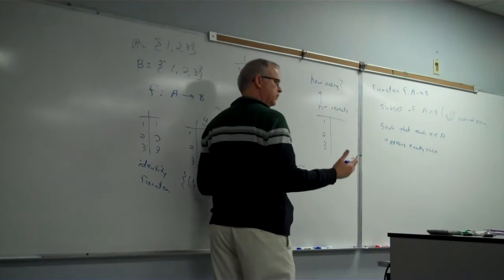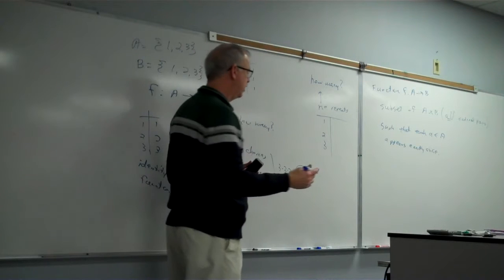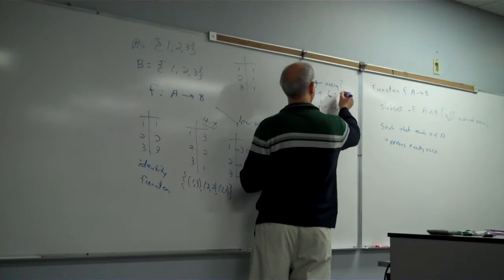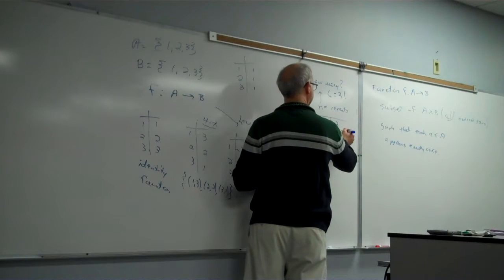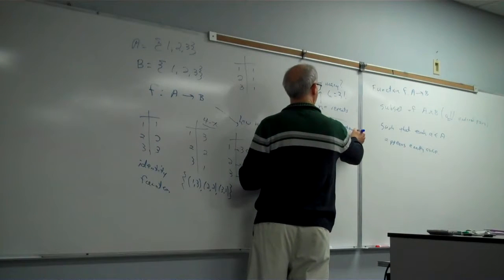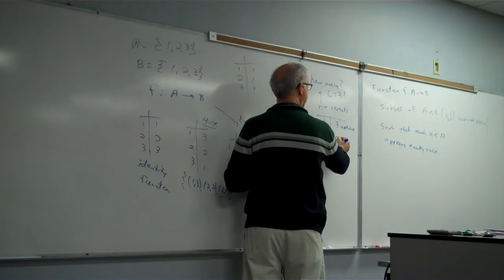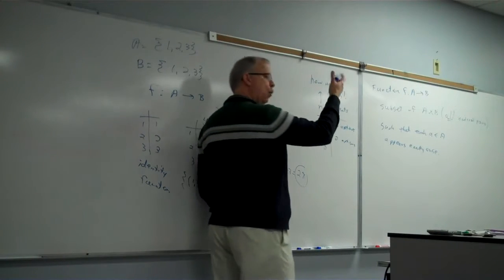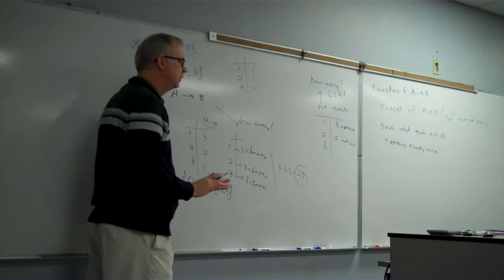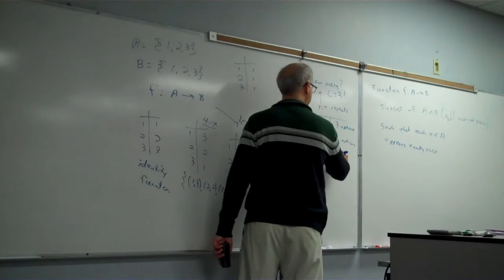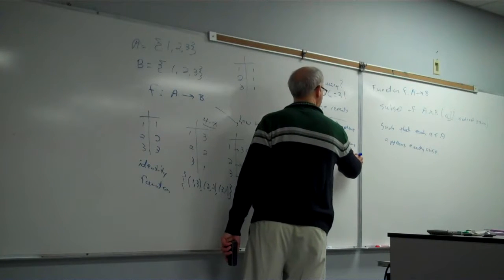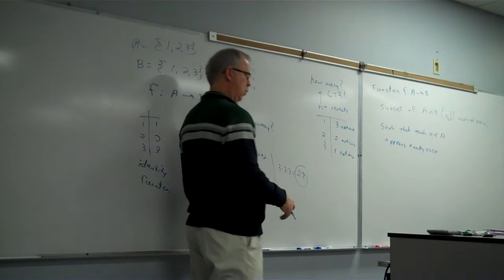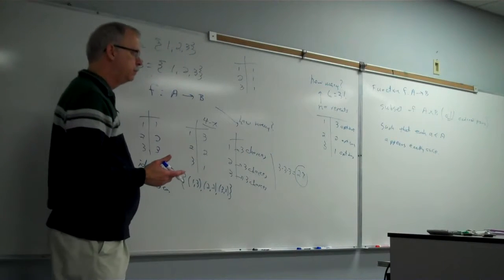I hear 6 from 3 factorial. Because we have 3 choices for where 1 goes, but then only 2 choices for where 2 goes, because if we're not going to repeat wherever 1 went, we can't use it again. And then 3, well, just 1 place for it to go, whatever happens to be left.